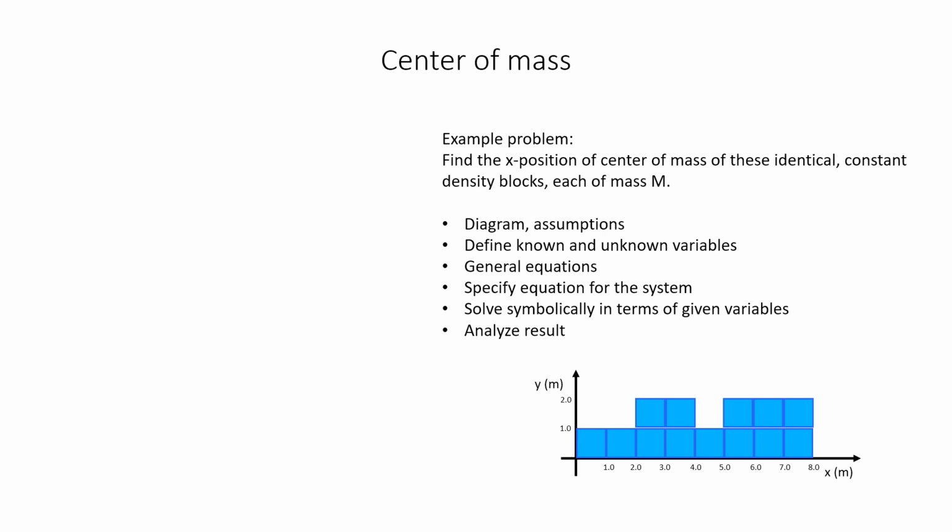We'll solve symbolically in terms of given variables and do an analysis on a result. Here we know the masses and the positions, and we want the center of mass. We start with our general equation, x center of mass equals 1 over the total mass times the weighted sum m1x1 plus m2x2, etc.